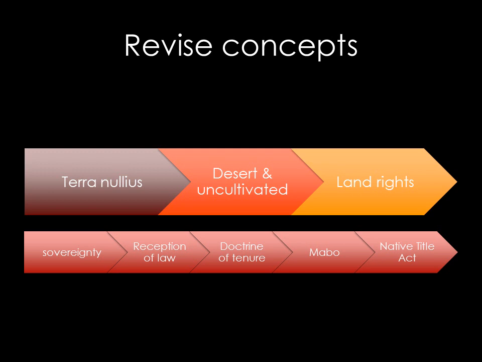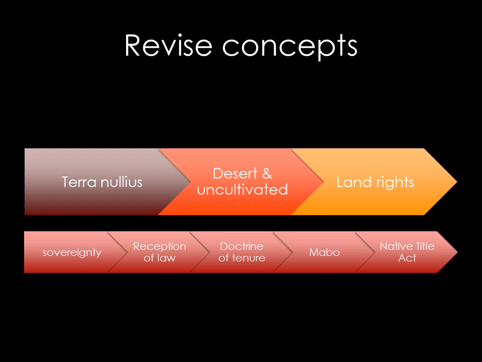The common law question of what laws applied was enforced through the doctrine of desert and uncultivated, and this permitted the reception of English law and the doctrine of tenure into Australia. We saw that the doctrine of tenure does not permit any type of ownership of land or system of ownership of land that is outside the grant of the Crown, and that in fact all land vests in the Crown.